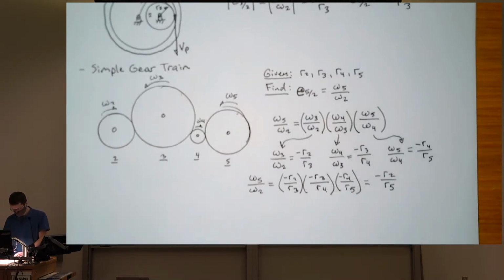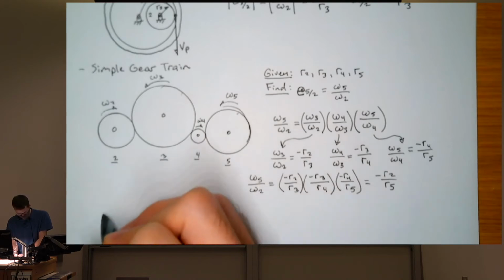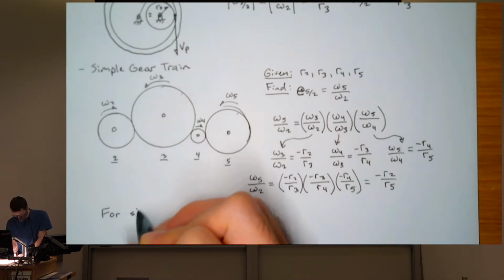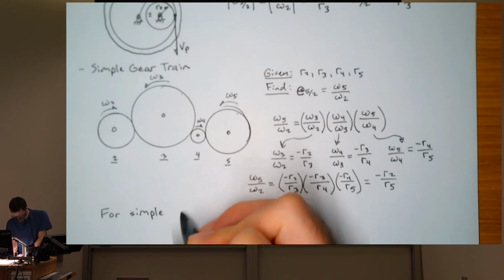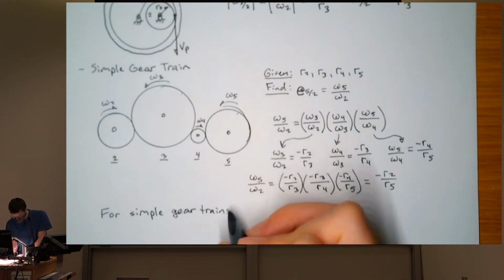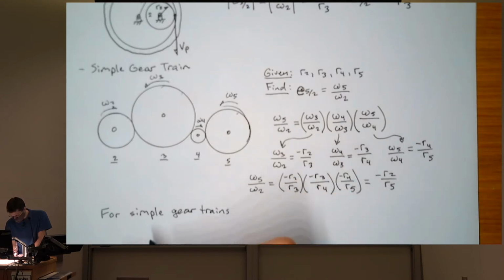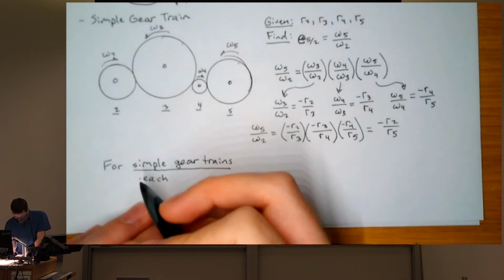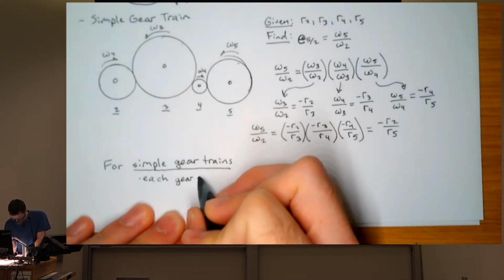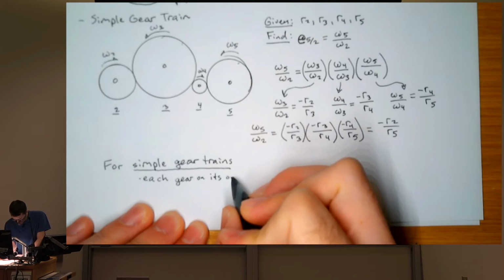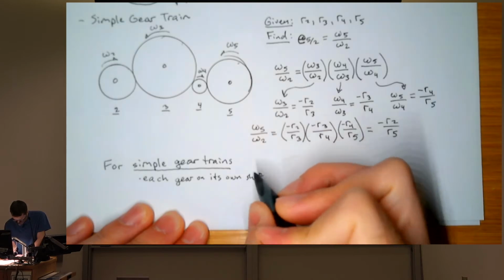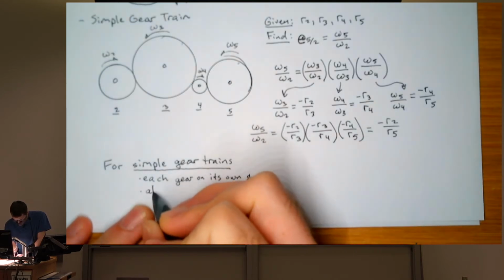Okay, so for simple gear trains, this is a technical term, simple gear trains. That's where we have each gear on its own shaft, and all shafts are parallel.